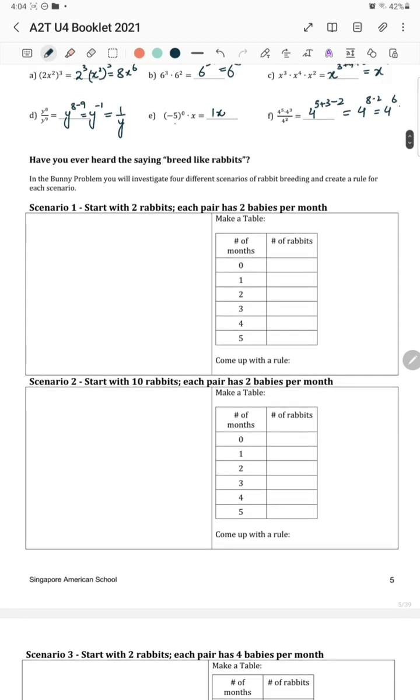Have you ever heard the saying breed like rabbits? In the bunny problem, you will investigate 4 different scenarios of rabbit breeding and create a rule for each scenario. Make a table. Start with 2 rabbits. Each pair has 2 babies per month.